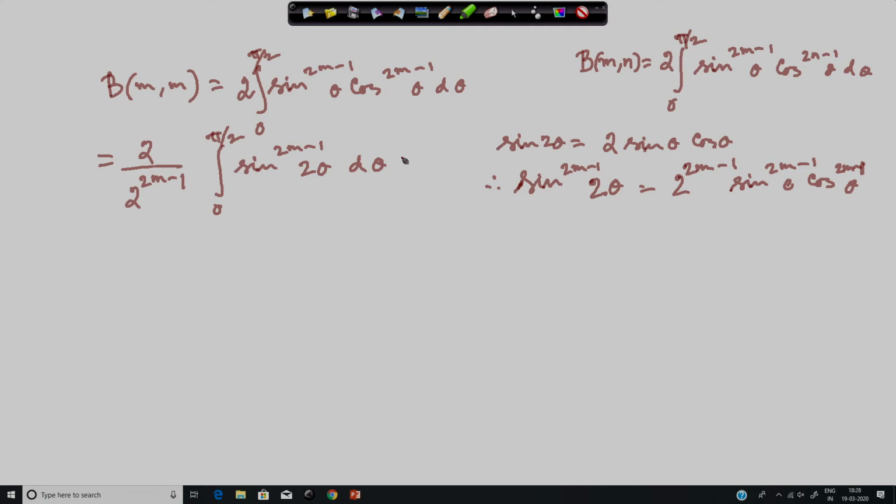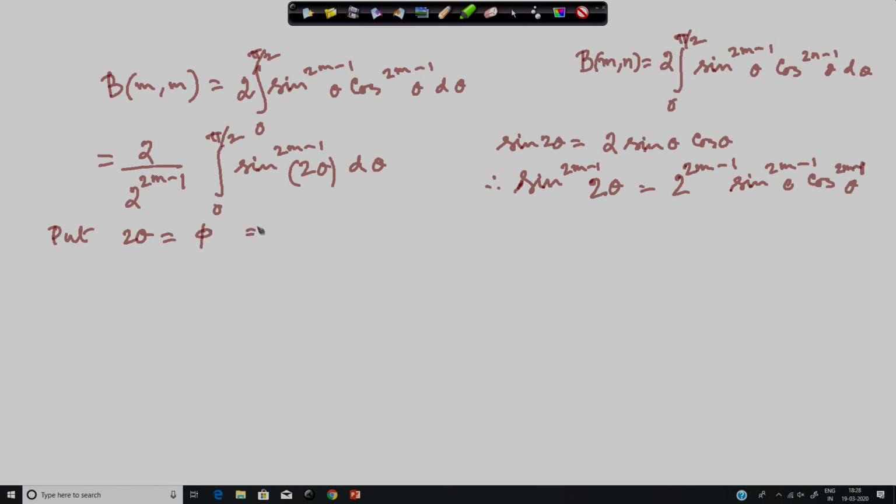But now we do not want this argument to be 2θ, we need it in the form of θ or φ or something like that. That is why let us put 2θ equal to φ.